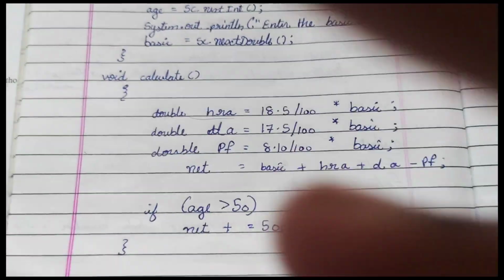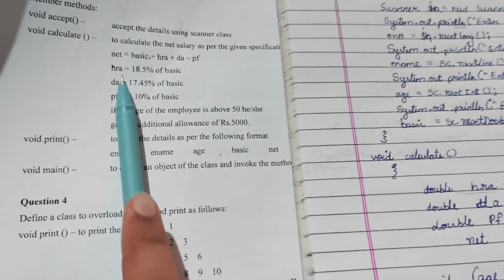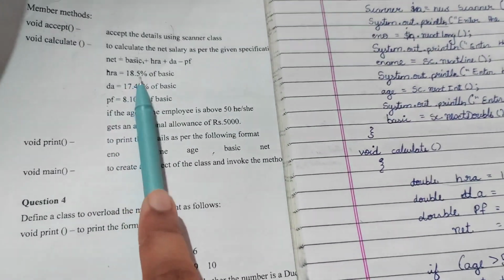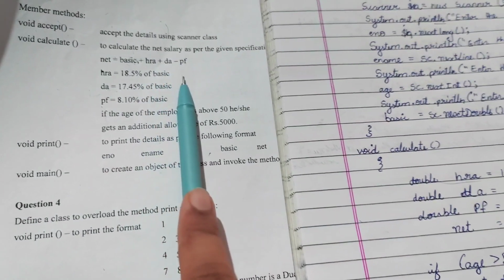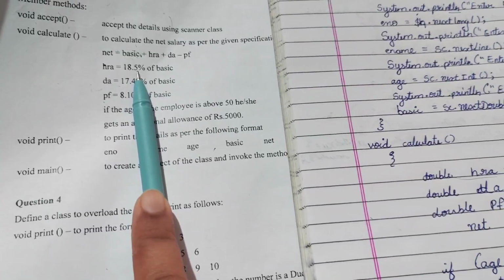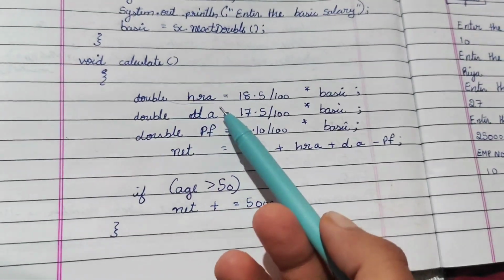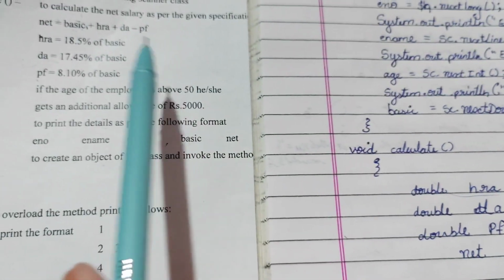Here, if we see now, let's continue. HRA equal to 18.5% of basic. See, now percentage is given, that means in maths divided by 100. So double HRA. Why are we using double?